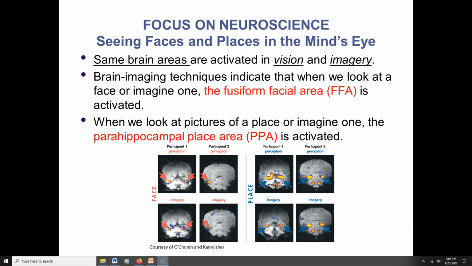Then we look down below at the second row, on the lower left. You can see the same parts. This is when the individual is actually imagining a face. So you can see similar parts of the brain are being activated, even in the imaginative process.